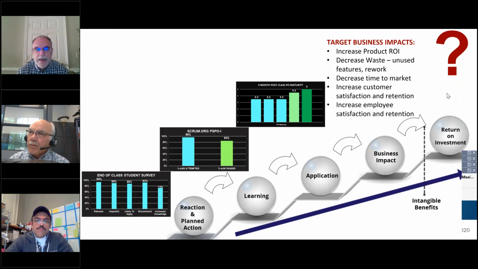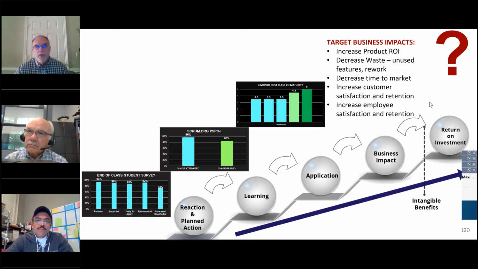Another key business impact is decreasing waste. If you are successfully able to align and adopt the Agile process, it should mean that you won't be building features that the market doesn't want. It should mean that you won't be building long, complicated features that turn out not to be exactly the right features, that you have to go back and do rework.